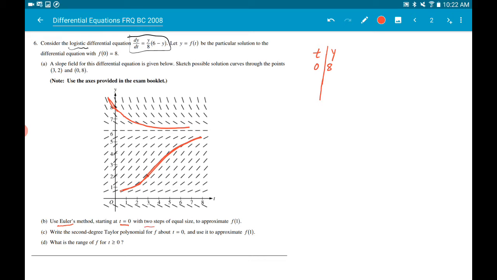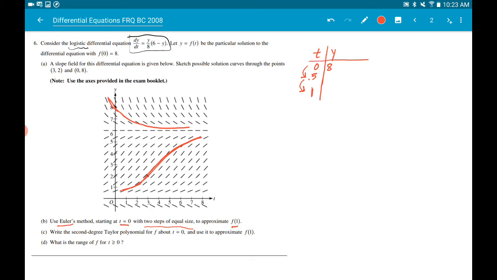And then it says 2 steps of equal size. That's a hint on what we're going to use for, in this case, dt. Sometimes it's dx. So if we want to use 2 steps, but we want to approximate at 1, that means we have to end at 1, which means our dt in this example would be 0.5, similar to Riemann sums.